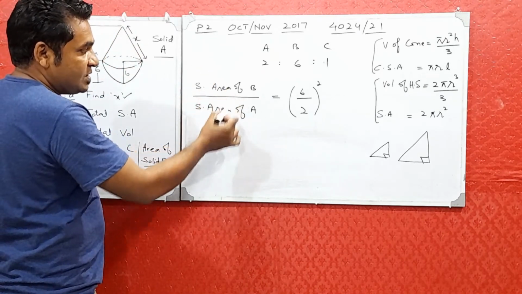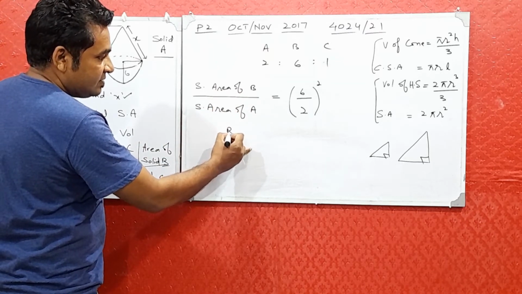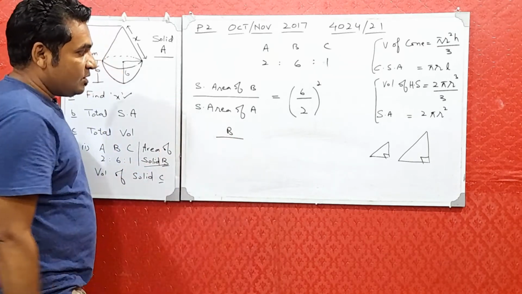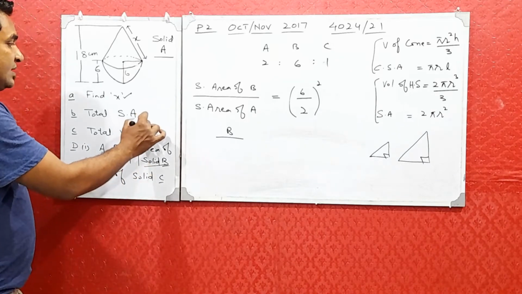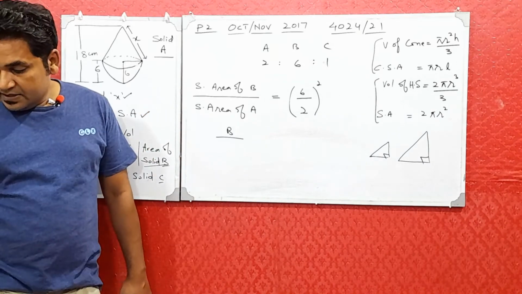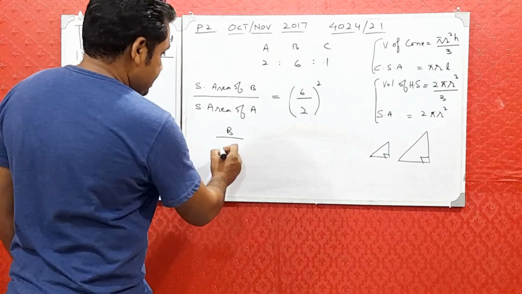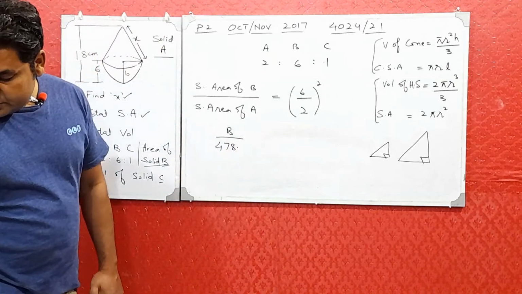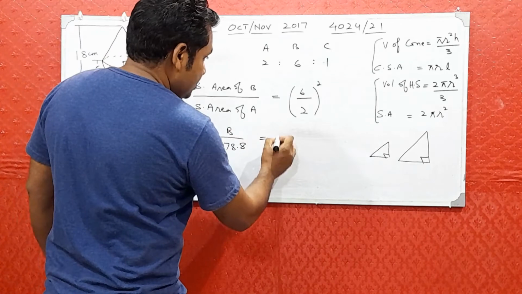This is what we are supposed to find out, the surface area of B, and the surface area of A we have already found in part B, and that was 478.8. I wrote it because I knew I have to use it here.